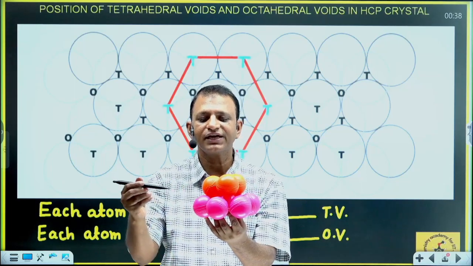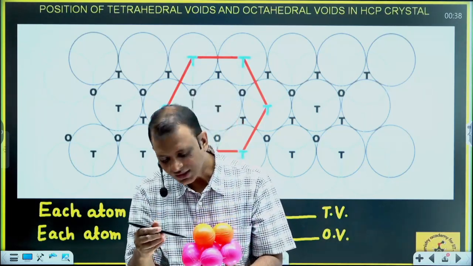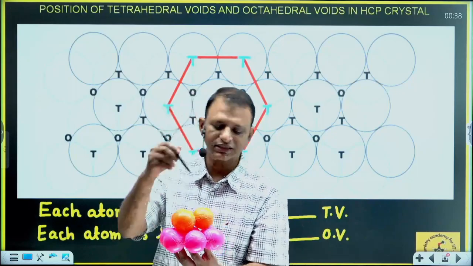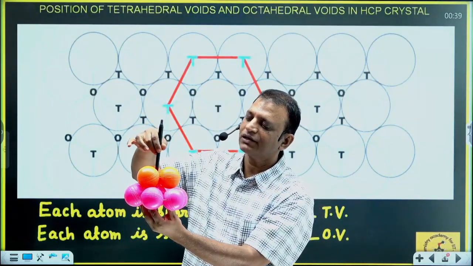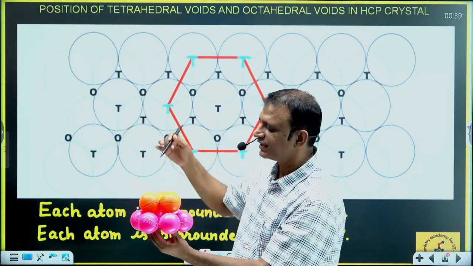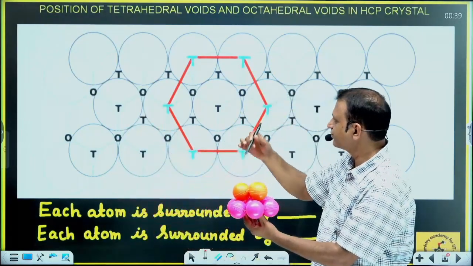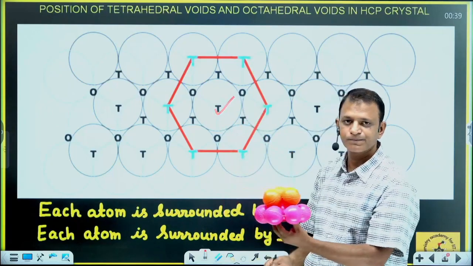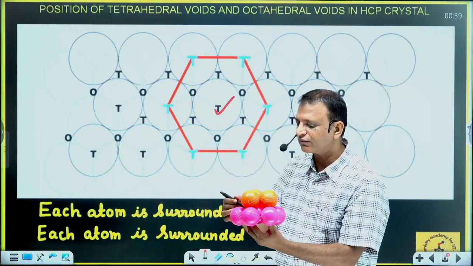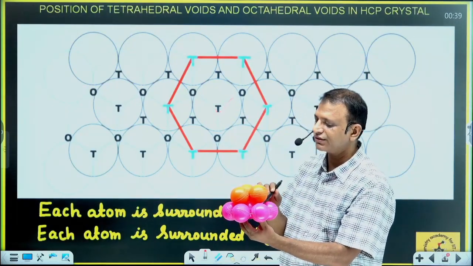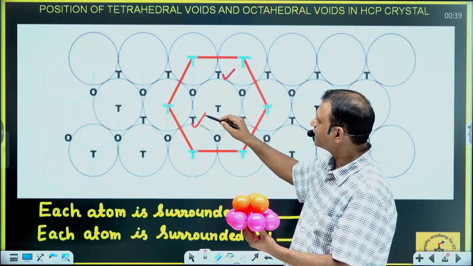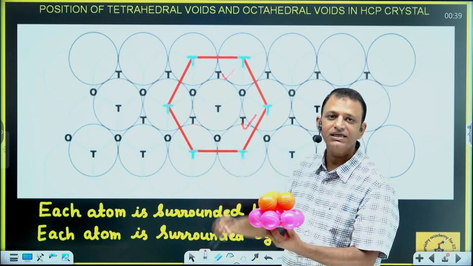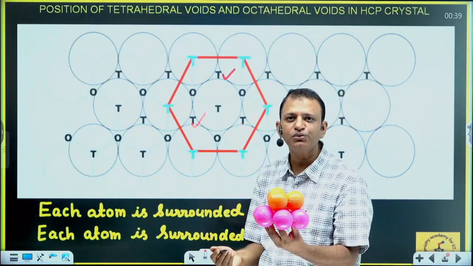In the same way, there is a tetrahedral void over here, and there is a tetrahedral void over here, right? So one tetrahedral void over here, which is shown here, right? You can see that there are 3 tetrahedral voids, 1, 2 and 3, which is shown here. All these tetrahedral voids are present inside the hexagonal prism, so their contribution is 1.